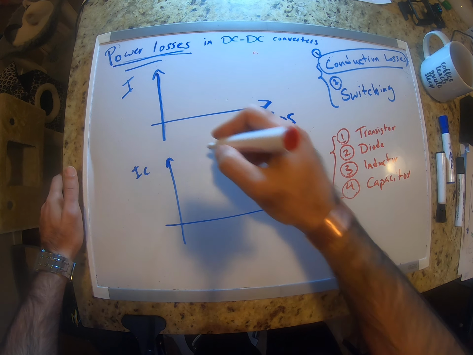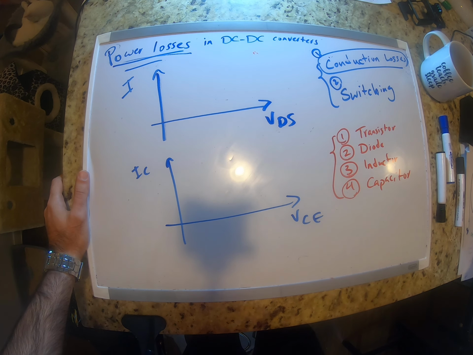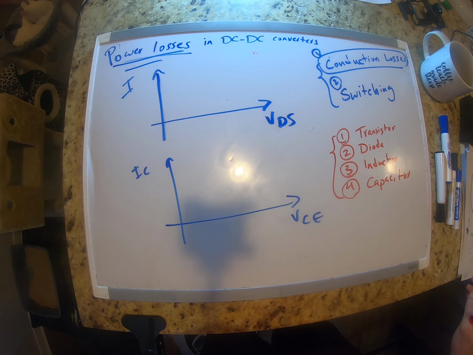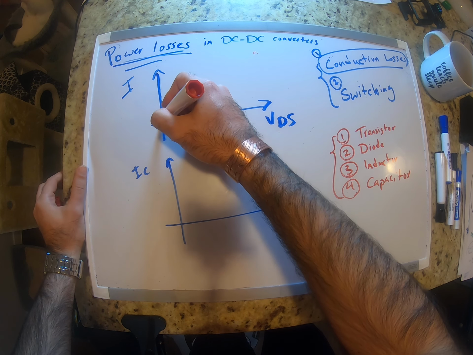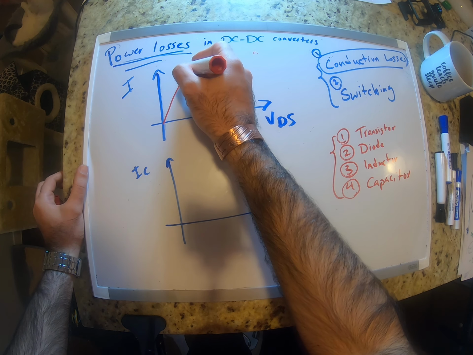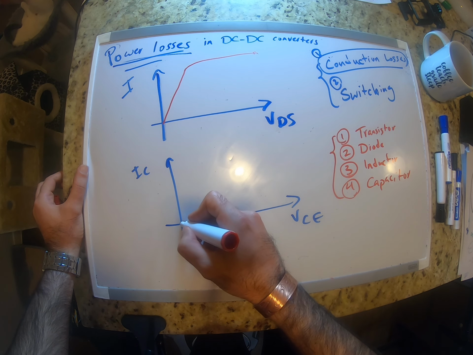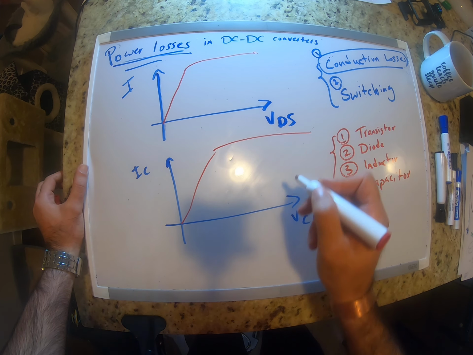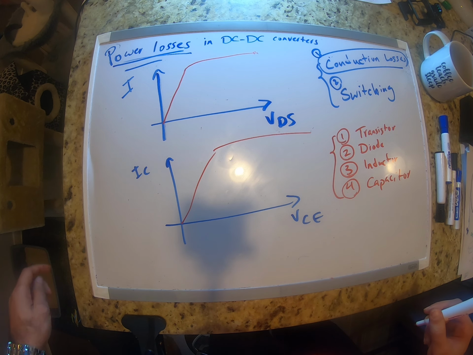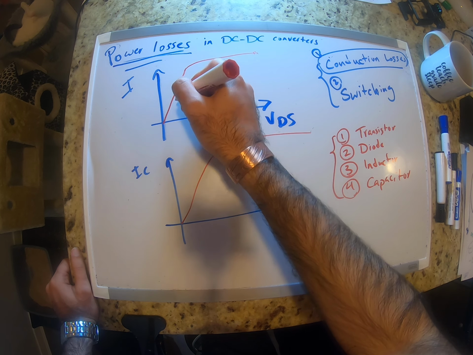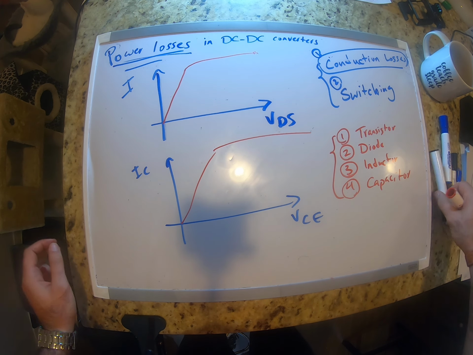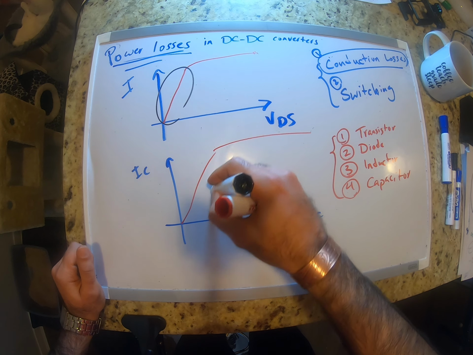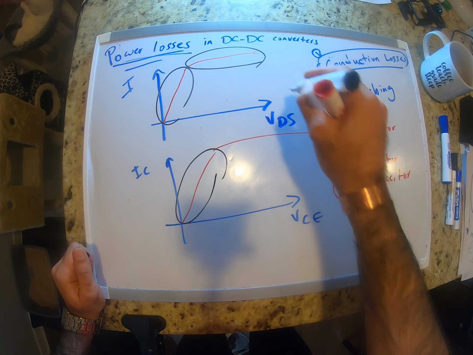The drain-source voltage or collector-emitter voltage has to be bigger than something, then we have some current, and then we get to the saturation mode. This curve has two parts: one part which is linear, and one part which is saturation.